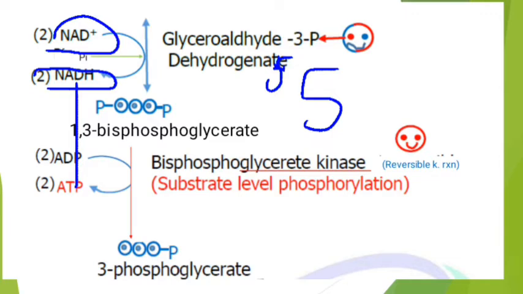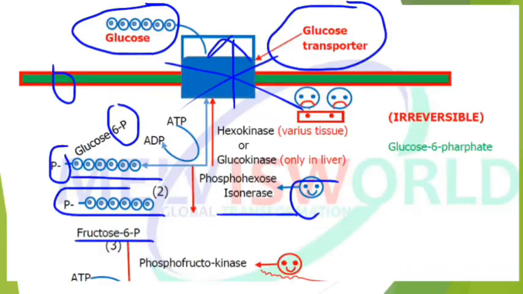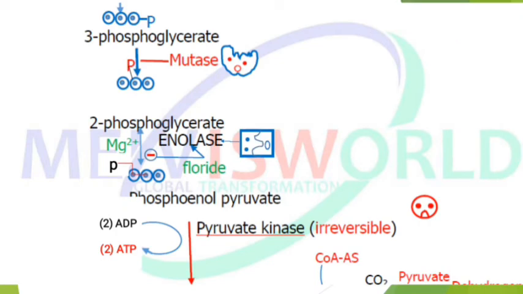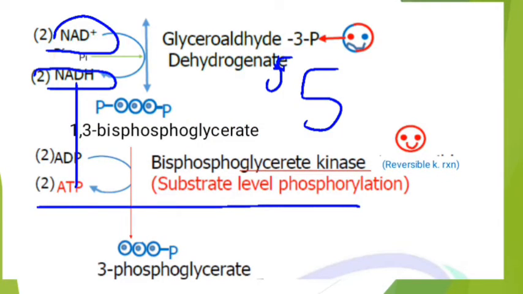But in this case, ATP is being generated at this point, rather than utilization of ATP as seen in the previous slide. Just like here, utilization of ATP, here then ATP is being produced. So that's why it's called substrate level phosphorylation.